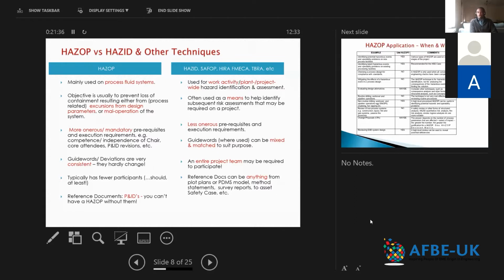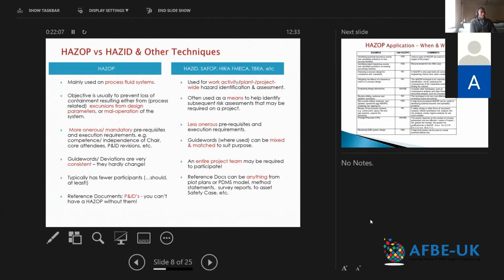So HAZID would lead you to maybe do things like a dropped object analysis, a fire risk analysis, for example, or a QRA or whatever. Likewise, the SAFOP, the HIRA and the TBRA are more granular, lower level risk assessments that you apply at the tail end of a design. So that's what the other risk assessments are used for.